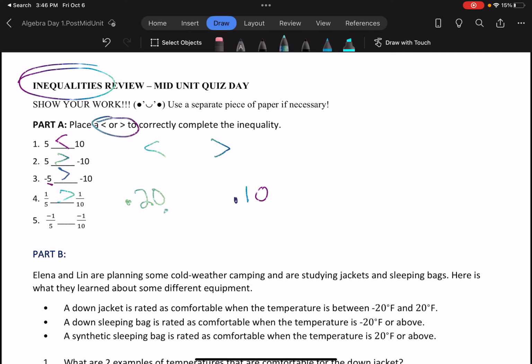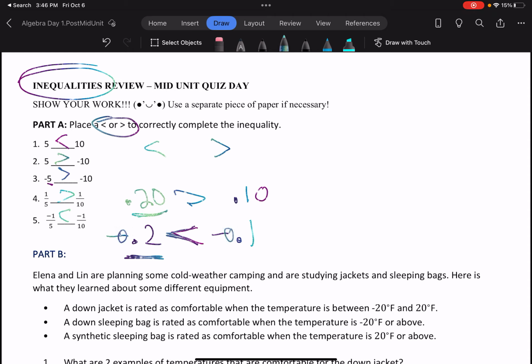And so this one is greater than this one. All right, and then the inverse is also true down here because this is negative 0.2 and this is negative 0.1. And so in this case, this negative 0.2 is more negative, and so we are going to say that that is less than negative 0.1. I should put zeros there.